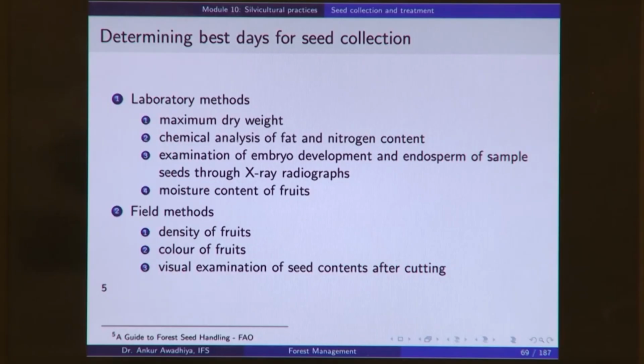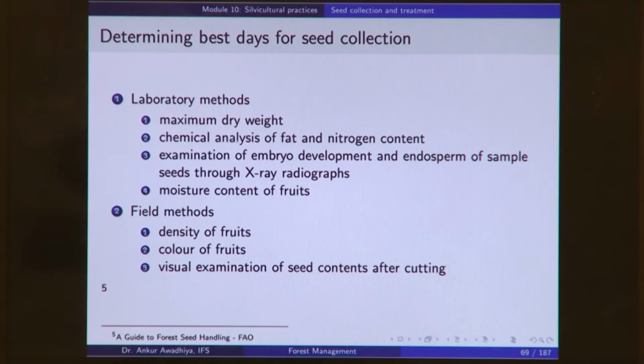So, if your fruits have now changed the color, it means that now these are completely developed and now the seeds can be collected. A good example is mango. So, if your mango has reached a yellow or orangish or reddish color, it means that now the seed inside is also mature enough and it can now be collected.